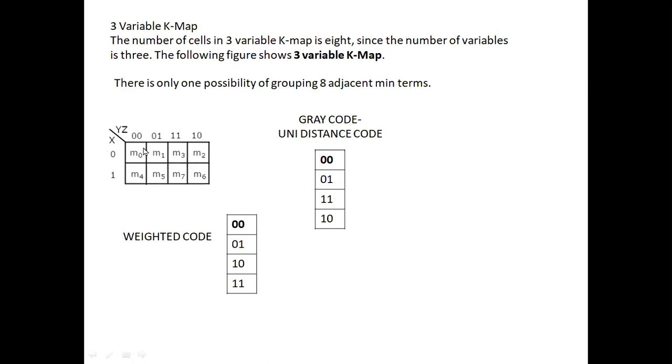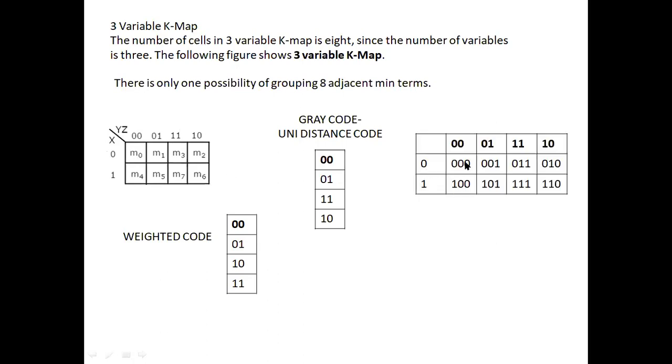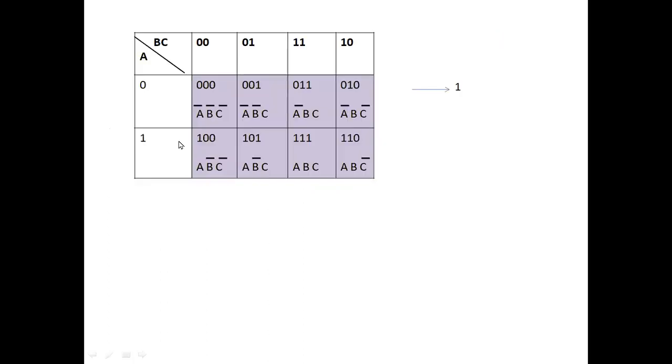The cell values are this way: X, Y, Z. X is 0, Y Z is 0 0, so it is M0. 0 0 1 is M1. 0 1 1 is M3. 0 1 0 is M2. 1 0 0 is M4. 1 0 1 is M5. 1 1 1 is M7. Next one is 1 1 0, which is M6. So that is how we have constructed the 3 variable K-map.